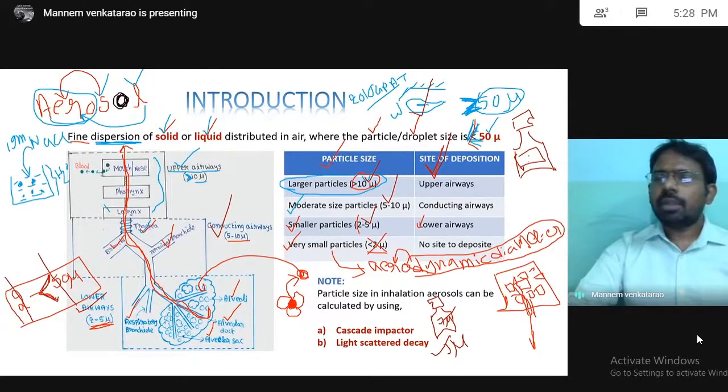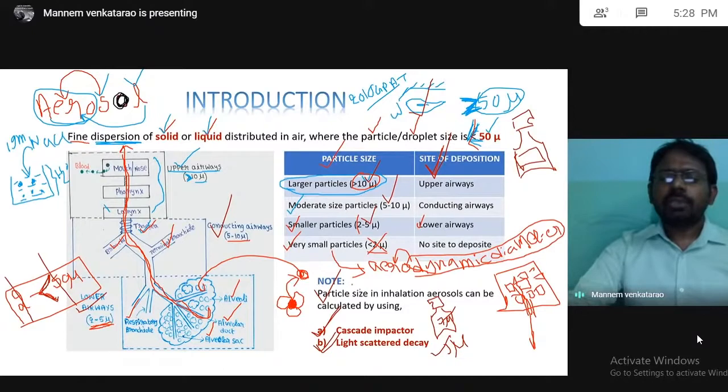But here I am not mentioning it. So in which area can the particles of this product deposit? The particle size in inhalation aerosols can be determined by the cascade impactor or light scattering decay.